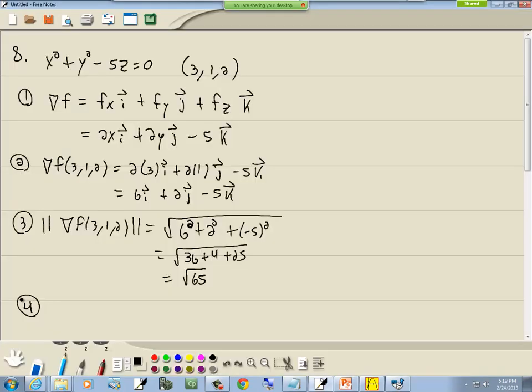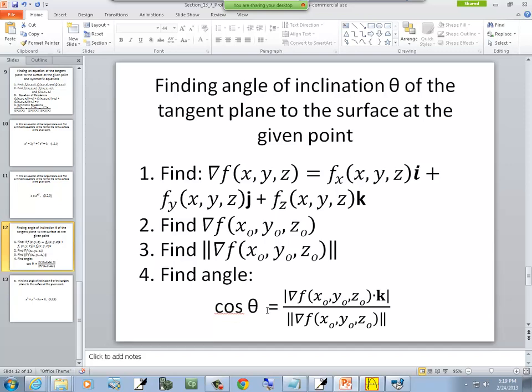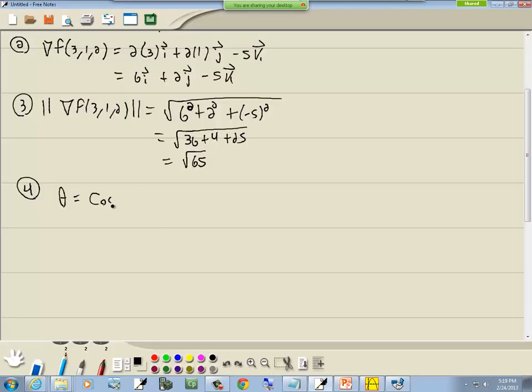Step 4. Now we want to find the angle. And for the angle, I'll modify that formula a little bit, because we can take inverse cosine of both sides, or arc cosine, if you prefer that, is equal to the absolute value of the dot product of del f and k, over the magnitude of del f.